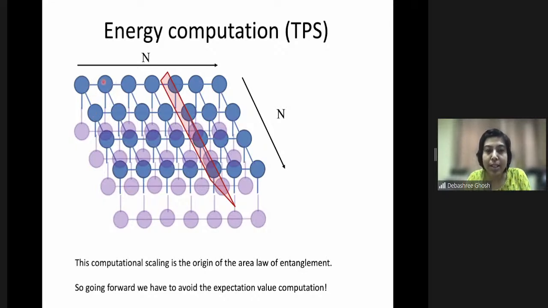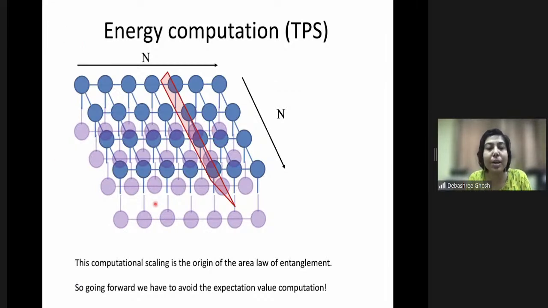So if I actually did that, with system size increase, you see how the complexity is increasing, how this bubbling kind of algorithm is out of the question, and all algorithms will start scaling quite a lot. And therefore this computational scaling, as I mentioned even 2 slides back, is essentially due to the area law of entanglement. And so going forward, somehow we have to avoid computation like this.